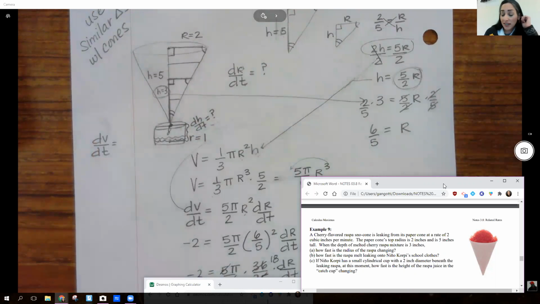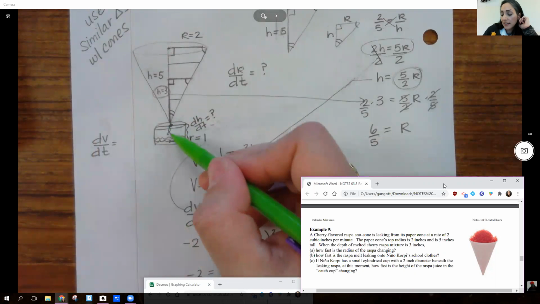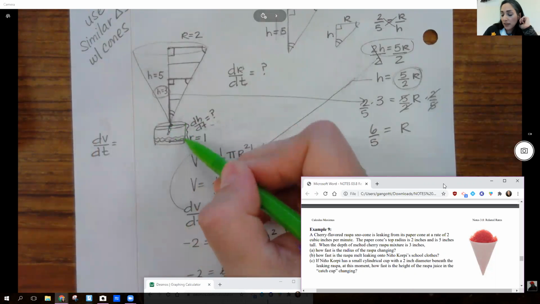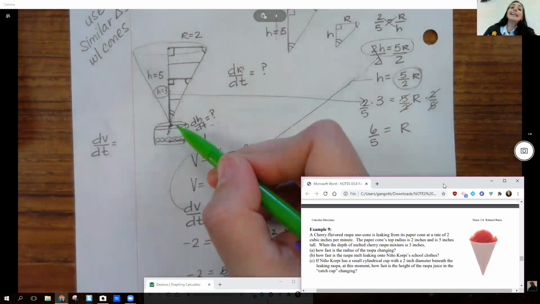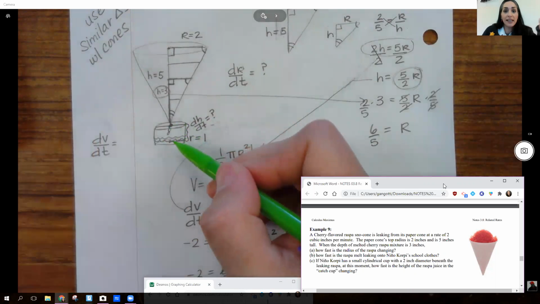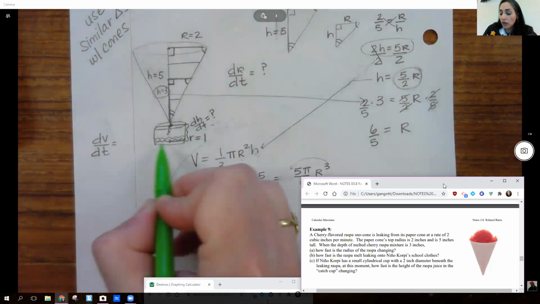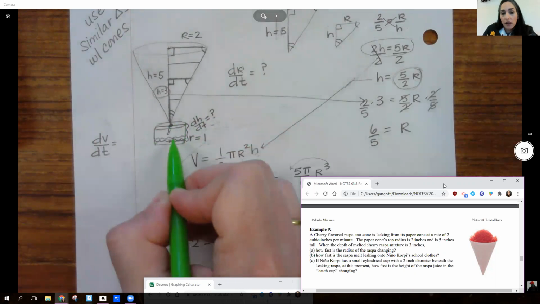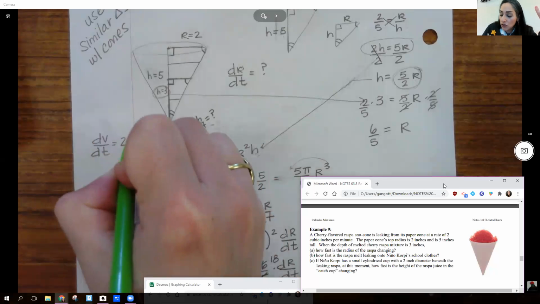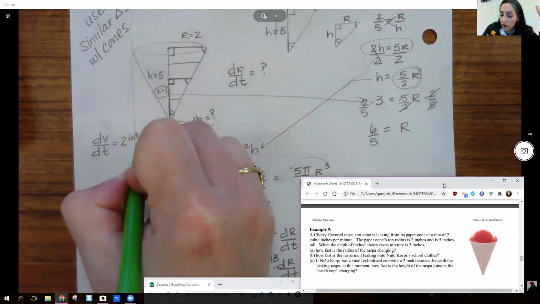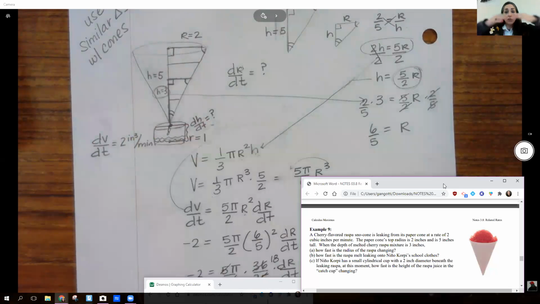Now, this is another thing we need to think about. This is not leaking out of something for this problem. This is now leaking into something. It's like leaking into the catch cup. So the change in volume of this cup is positive now. So it's a positive 2 cubic inches per minute because it's increasing.